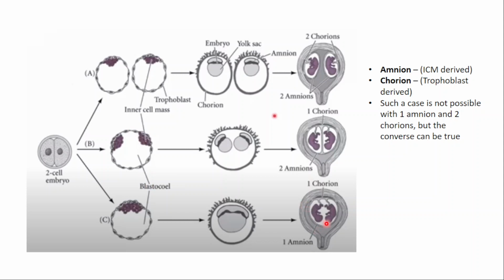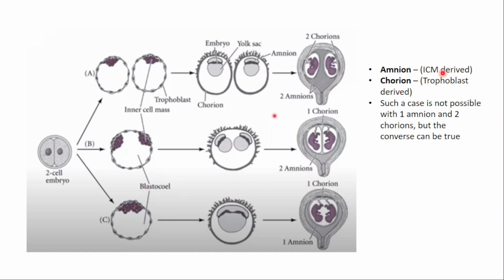So in such cases, we can have one amnion and one chorion, which is also the case for a normal zygotic development. But here we can have two twins because the inner cell mass is a totipotent cell mass, which can give rise to all the embryonic structures, but not the extra embryonic tissue, which is only derived from the trophoblast.